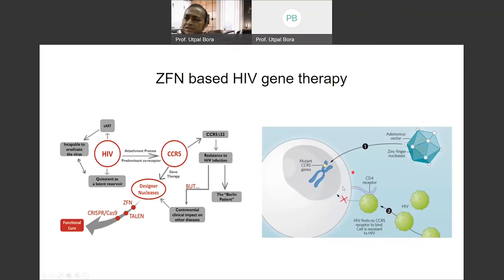CD stands for cluster of differentiation. These are receptors that are recognized by HIV. It is almost like a doorway by which HIV can enter into these helper subsets of T cells, that is CD4 T cells.